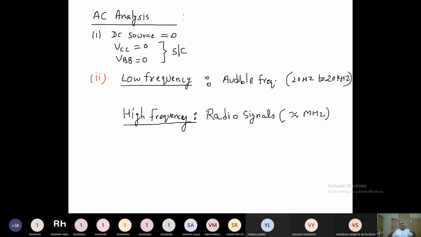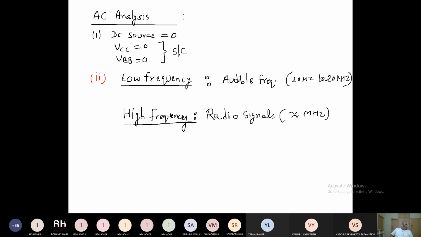Second point, in AC analysis the source will have a certain frequency, and we have to do the analysis for different frequencies. So basically we will categorize the frequencies for the analysis in 2 parts. One is low frequency AC analysis and another is high frequency AC analysis.